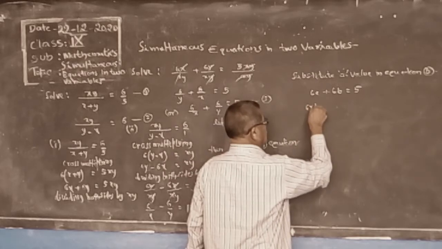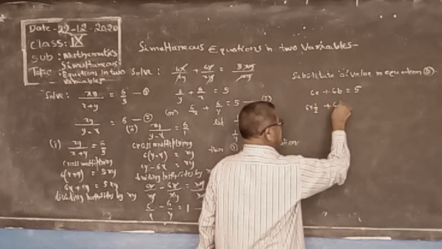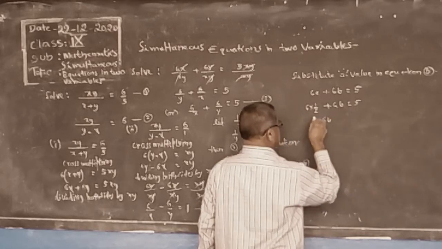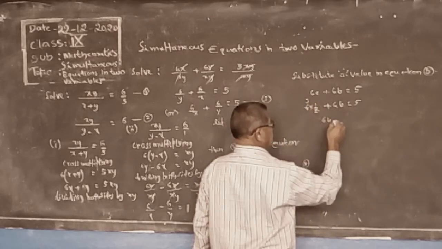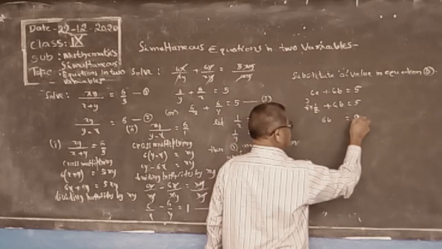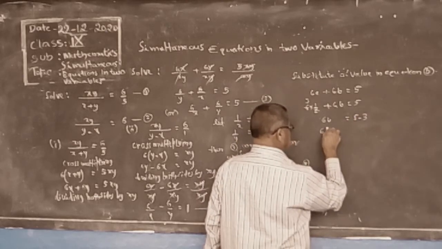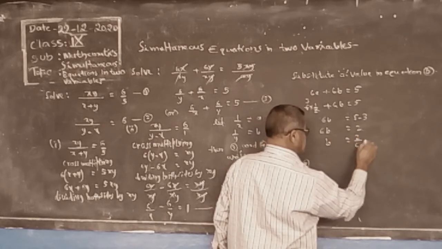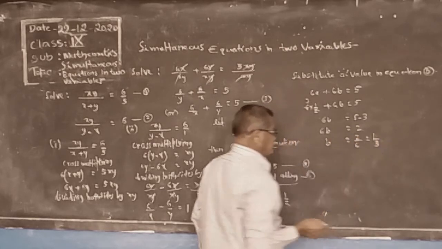So 6 into half plus 6b is equal to 5. 2 ones are 2, 2 threes are 6, so 3. 6b is equal to 5 minus 3. 6b is equal to 2. b is equal to 2 by 6, that is 1 by 3.